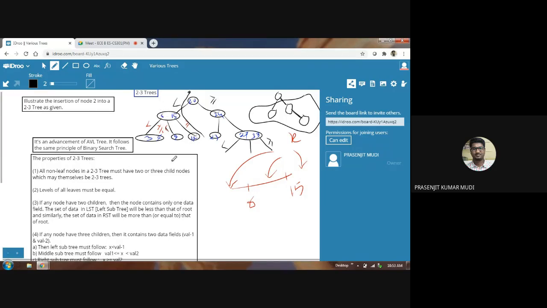The middle branch should follow the policy that the value in the child node must be in between the first value and the second value. And the rightmost branch follows the principle that the value of the child node must be greater than or equal to the second data field of the root node. So that is what the policy is all about.